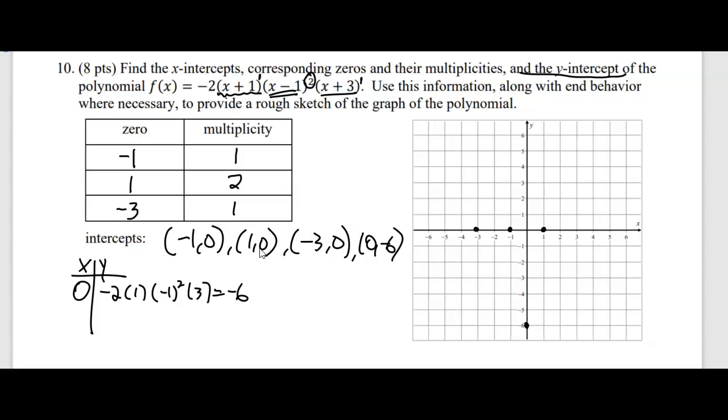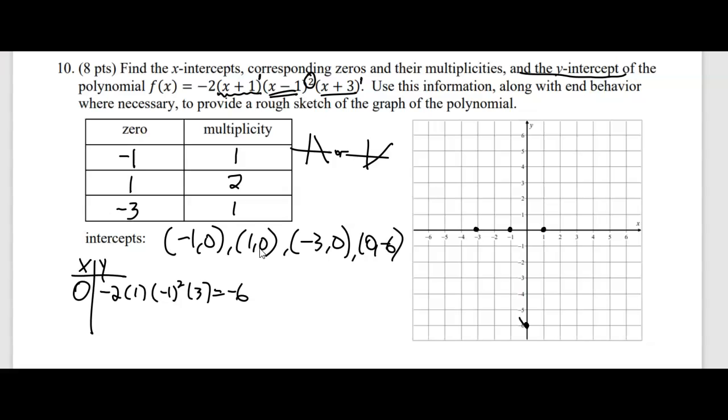So the graph is down here and it needs to get up to these x-intercepts. Now the negative 1 x-intercept here is multiplicity 1. Multiplicity 1 means that it's going to cross like a line, a straight line, an x to the 1, like mx plus b.